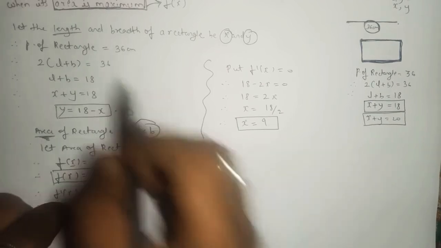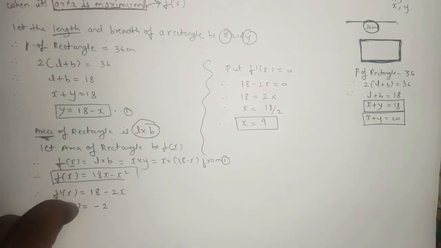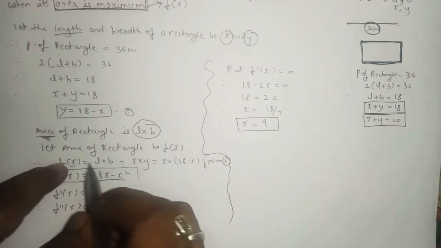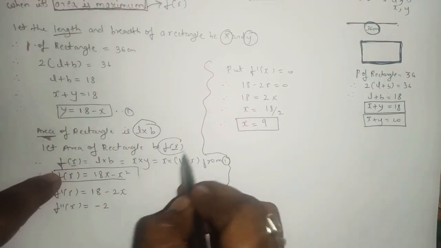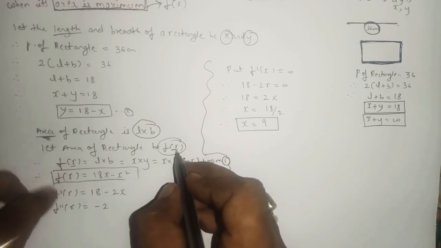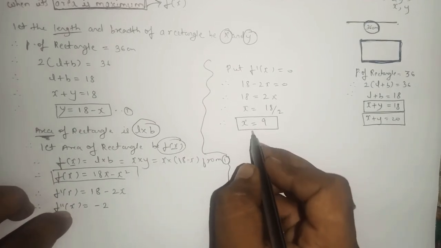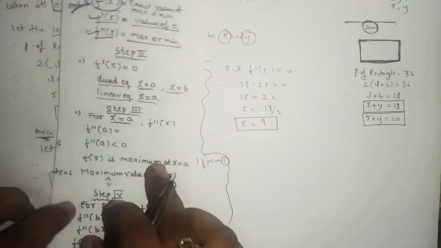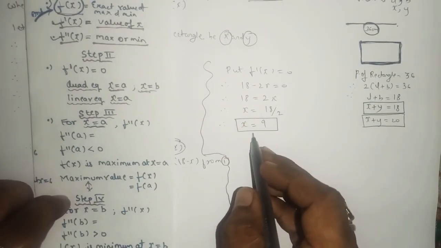But here it says that the area has to be maximum. So now the area has to be maximum. So what is the area? We took the area as f of x. So now we'll put this value x equals to 9 in the second derivative. Here also we got only one answer.